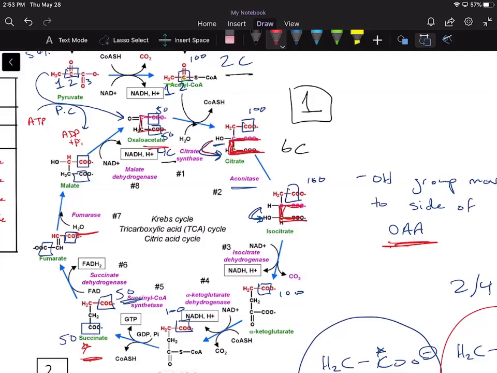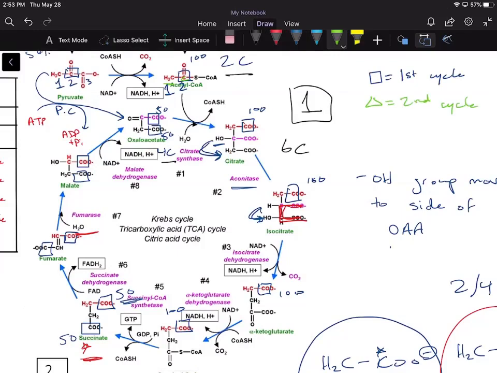So all I'm going to do is superimpose that onto one another. I'm going to erase this right over here. And if we made this one our first cycle, we'll make this our second cycle, okay?